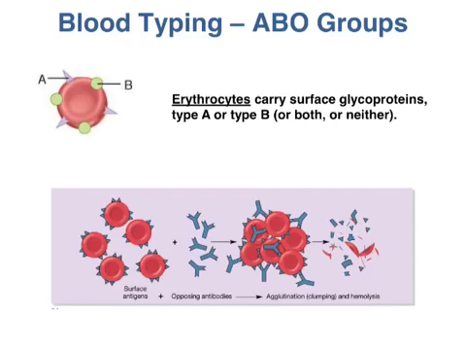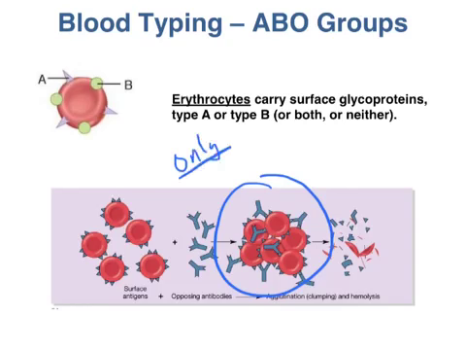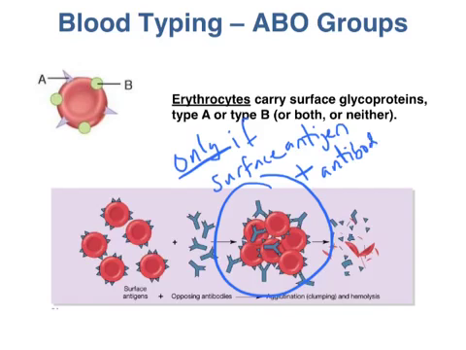Now, this clumping reaction only happens if you have the surface antigen plus the right agglutinin, the antibody that recognizes that surface antigen.